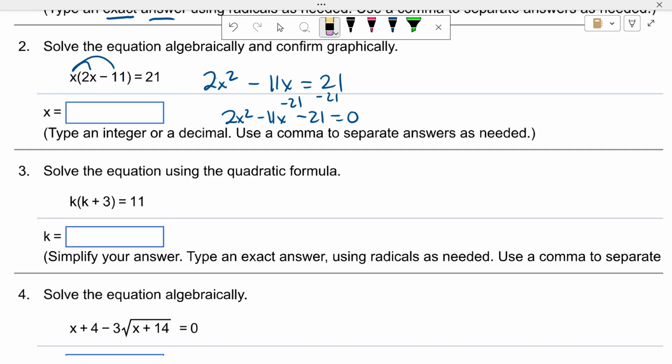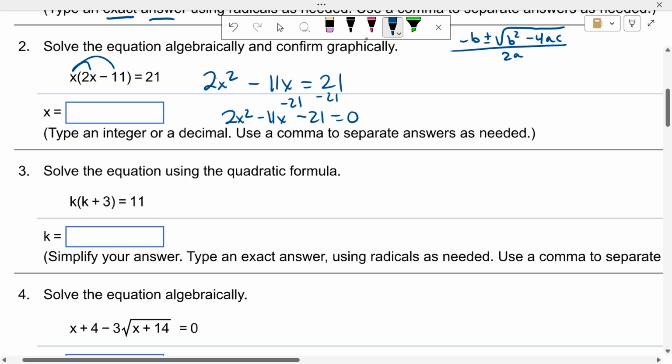What's a quadratic formula? We sang it the other day. Negative b plus or minus the square root of b squared minus 4ac all over 2a. So it's 11, because the negative of negative 11 is 11, plus or minus the square root of b squared, 121, minus 4 times 2 times negative 21, all over 2 times 2.